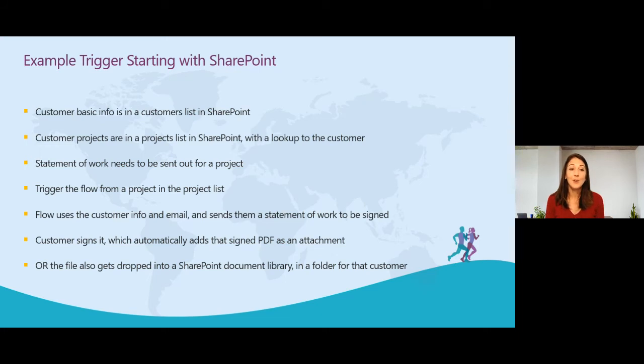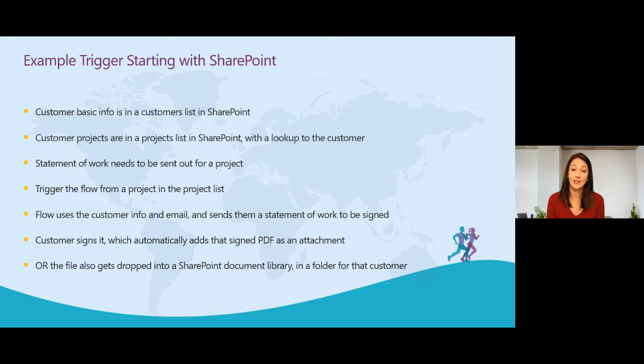I have my customers and my projects, both SharePoint lists. I have a statement of work that needs to be sent out to the customer for a project. I trigger the flow from the project in the project list. In mine, it's just a manual trigger. Then the flow goes out and gets the customer info from that customer list item and gets the project info. It's important that the customer email is in there.